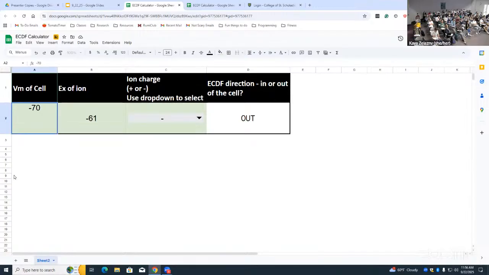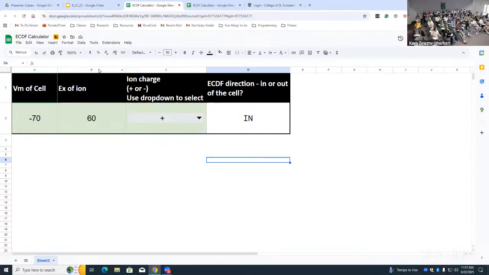So like our sodium example right here, you might put in then the equilibrium potential of the ion. In this case, we know that's +60. Right? And then you'll also have to fill in the final thing we need to think about, which is the charge on the ion. Positive here, right? And it'll fill in and tell you what direction the electrochemical driving force is for that ion.